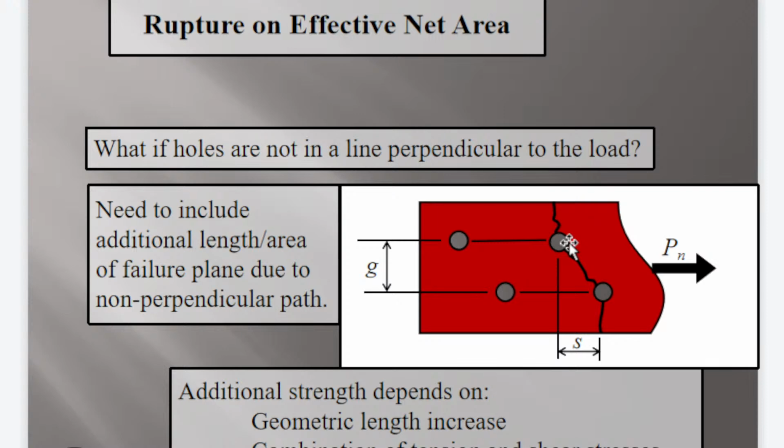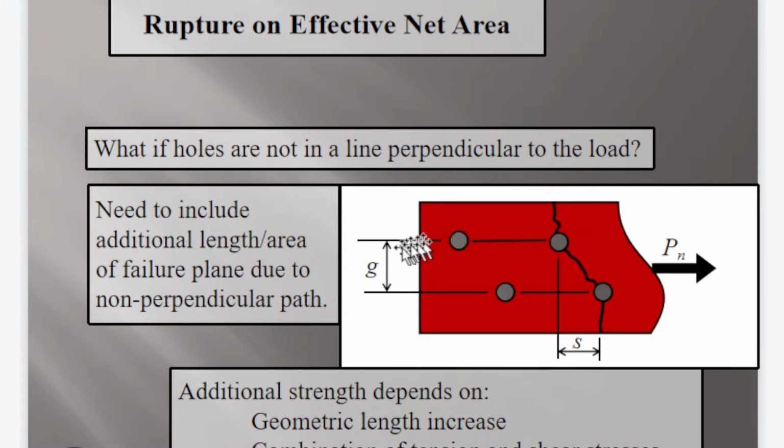We are subtracting the hole, but we are going to add because there is an additional length per area of failure plane due to this diagonal path.